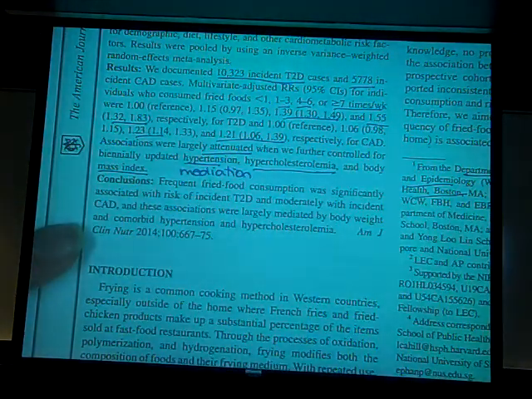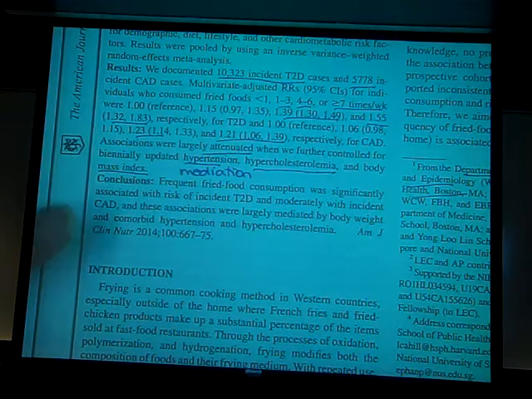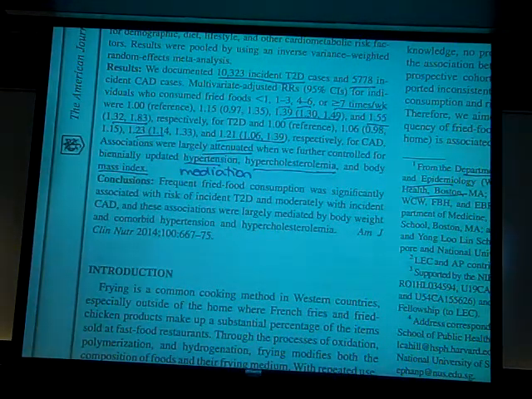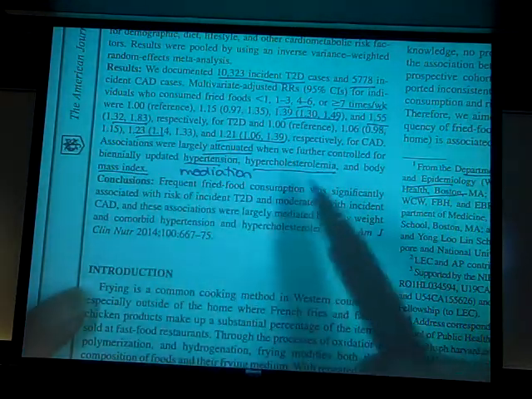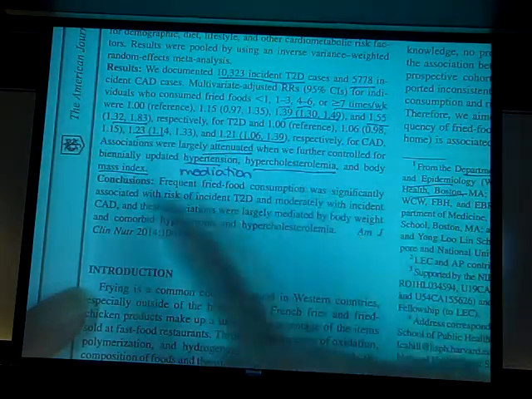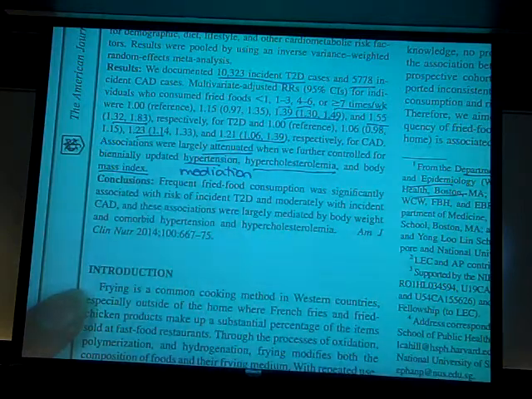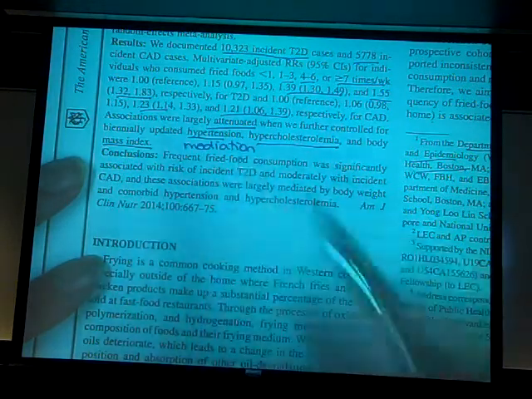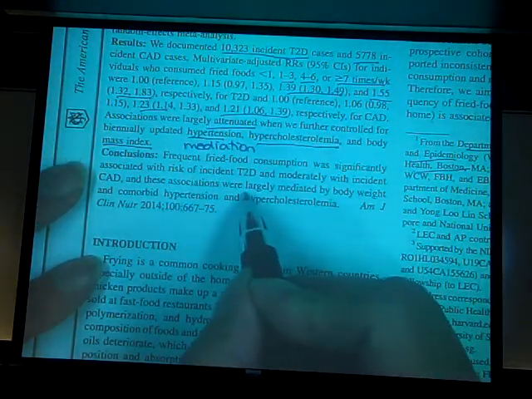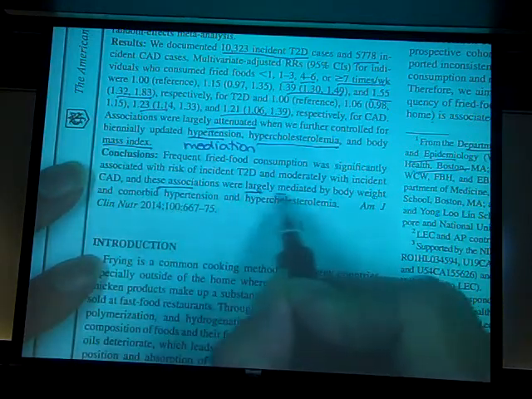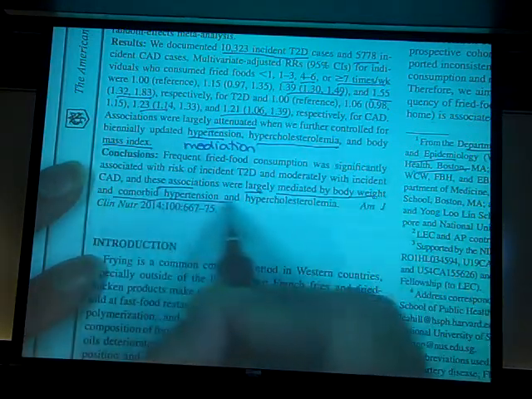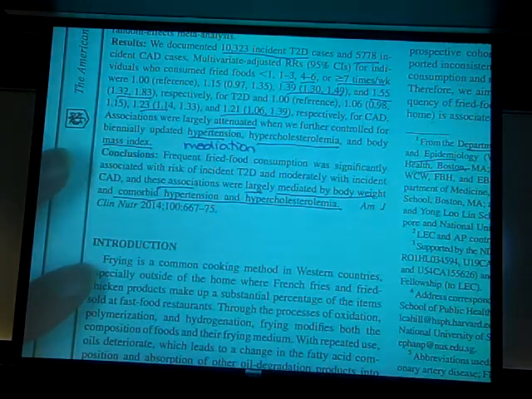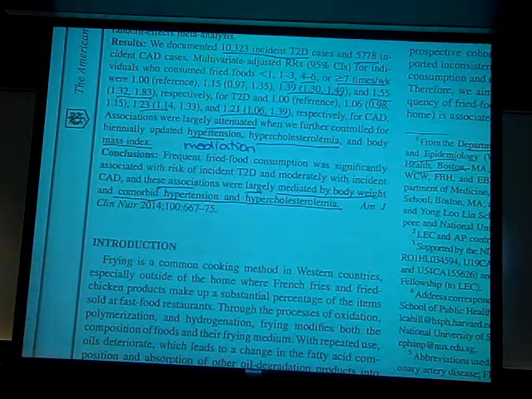And what that means is, does fried food consumption lead to type 2 diabetes through the mechanism of, say, hypertension, high lipids, and high body mass index? And my assumption about a mediation analysis was confirmed as I continued to read the conclusion. These associations were largely mediated by body weight and comorbid hypertension and hypercholesterolemia.